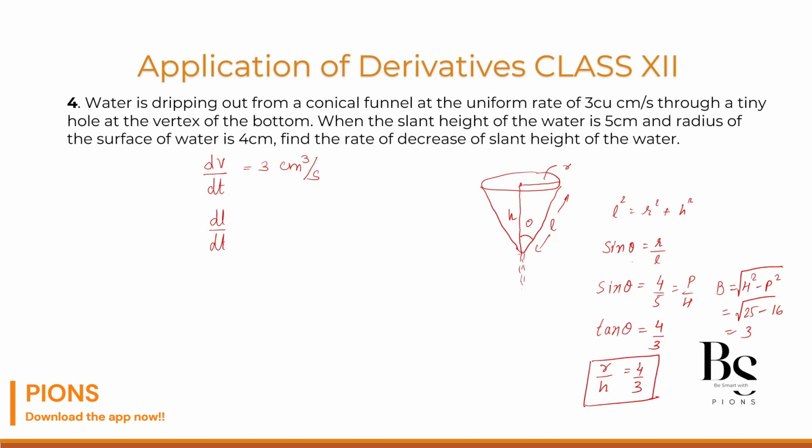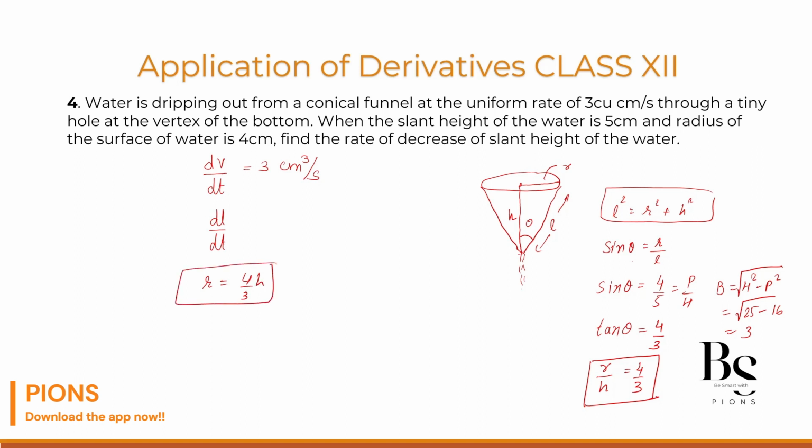So now this is a very crucial relation. r by h is 4 by 3. If r by h is 4 by 3, we can substitute it in our equation to find a relation between them. Let me write r is equal to 4 by 3 h, correct?